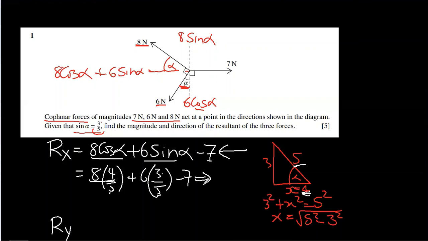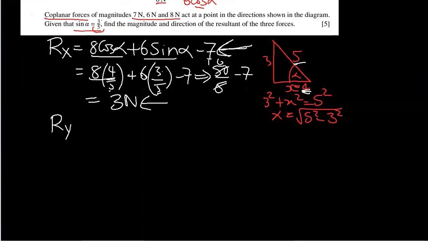That will be 32/5 plus 18/5. 32 and 18 is 50/5. 50/5 minus 7, that is 3 Newton, and it is positive, that means it will be towards left. So it comes out to be 3 Newton to the left side. Okay.